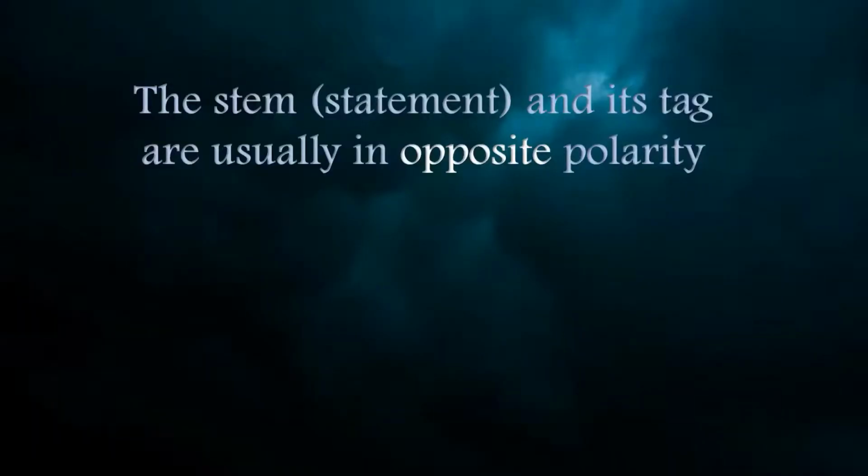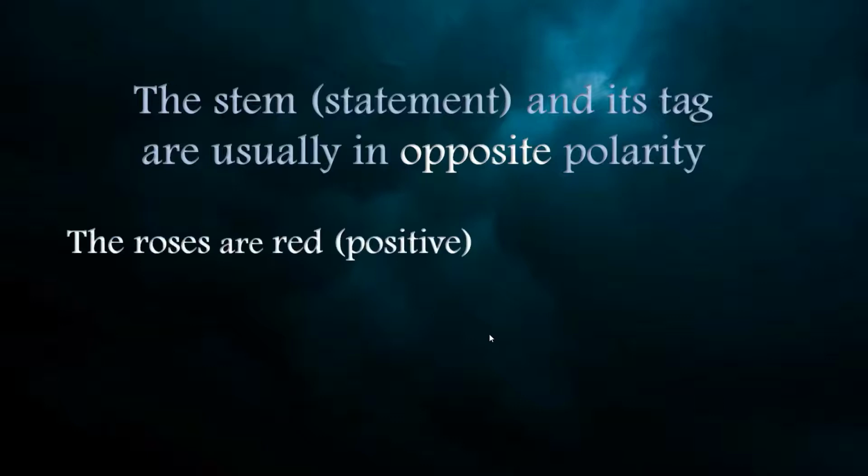Let us now look at a few key points to form question tags. The first very important aspect would be to make sure that the statement and the question tag are in opposite polarity. Look at the example.